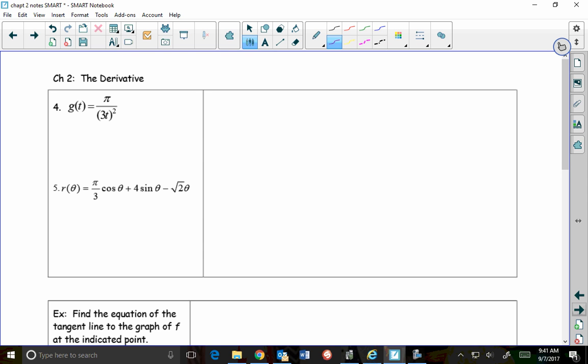Two more basic rules, and then we're going to move on to something else. So let's see if we can get these two basic rules down. First, I need to do what with number 4? Rewrite it.